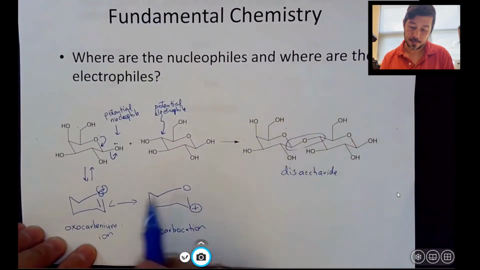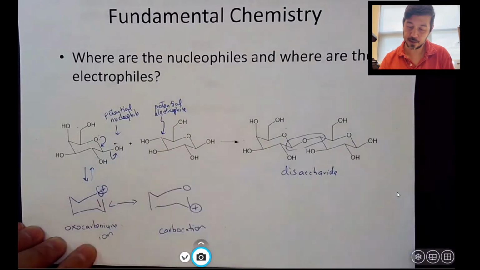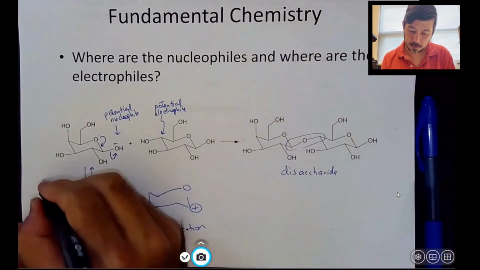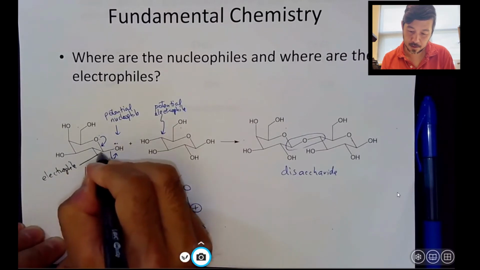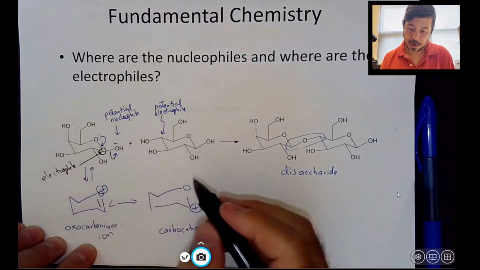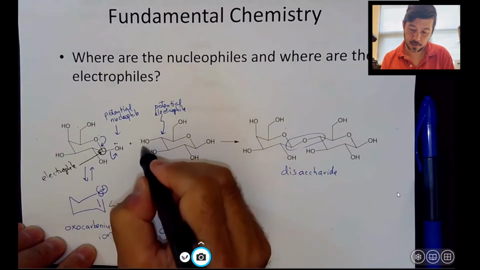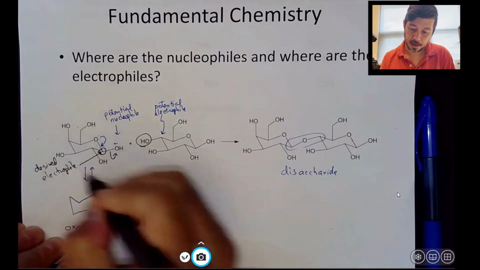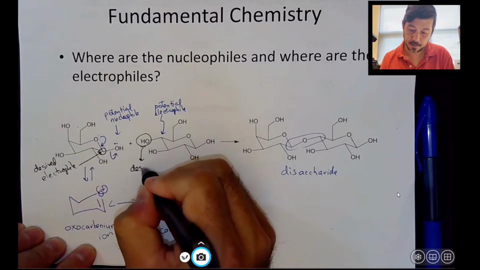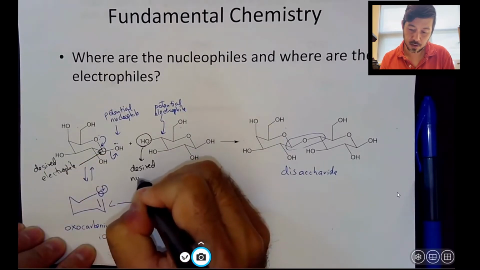Now, if this oxocarbenium ion forms, then this is our new electrophilic center, which is this carbon here. And our nucleophile is therefore this group here. So this is our desired electrophile, and here is our desired nucleophile.